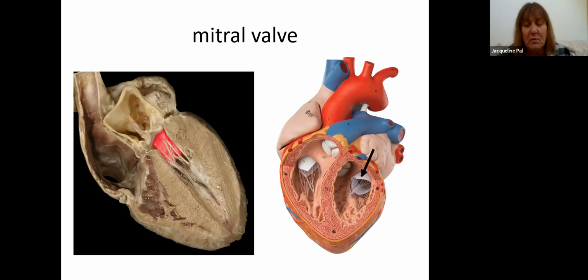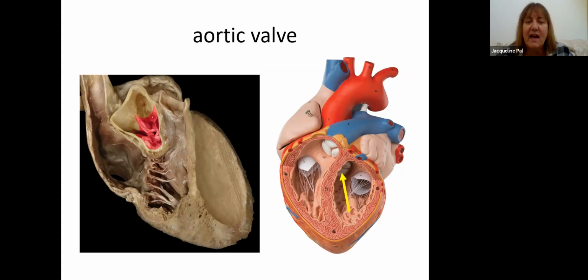And by the way, nobody uses the term atrioventricular valve. Then to get blood out of the left ventricle, it is going to go into the main artery, which carries blood to the entire body. That valve is called the aortic valve. It is also a bit more anterior, although the pulmonary valve is going to be anterior to the aortic valve.